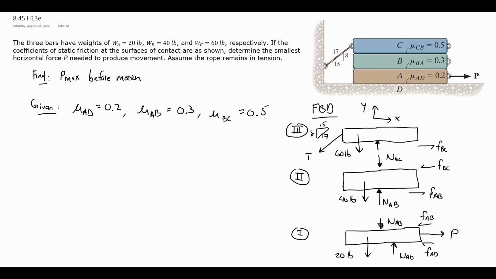Now, again, looking forward, free body diagrams, each one of these is technically a rigid body. However, we don't know anything about the dimensions, the lengths or the heights. So we're not actually going to be able to write any moment equations out of these free body diagrams because we don't know how long any moment arms are. But we're not going to be considering tipping, so that's not going to be a big deal.